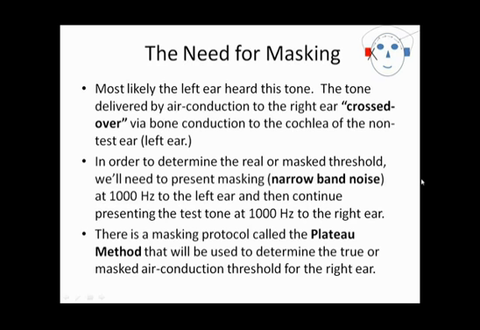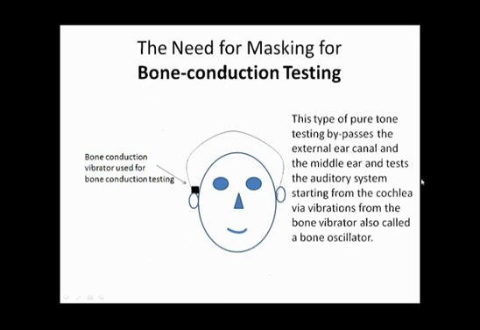There is a masking protocol called the plateau method that may be used to determine the true or masked air conduction threshold for the right ear. Let's look at this. This is a bone conduction vibrator used for bone conduction testing.